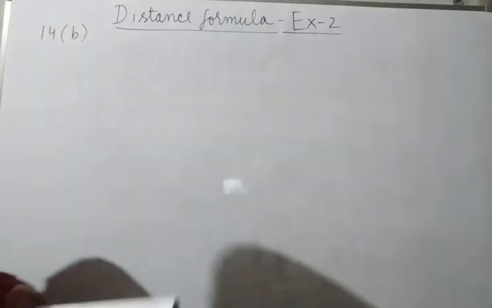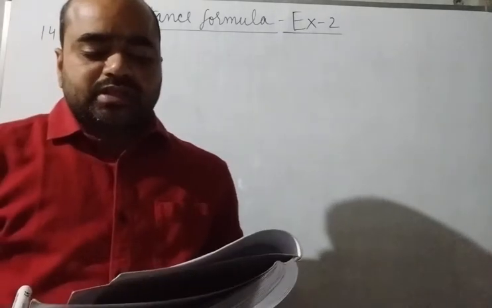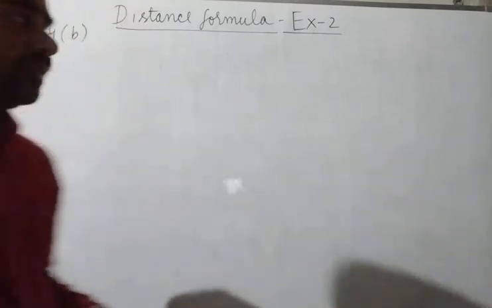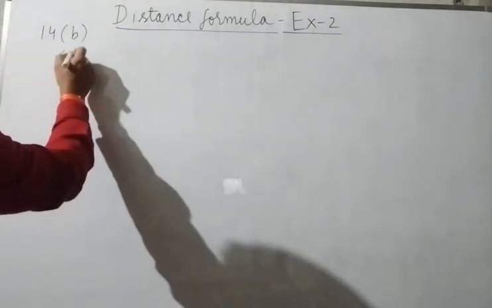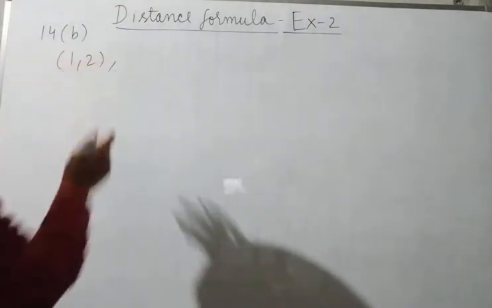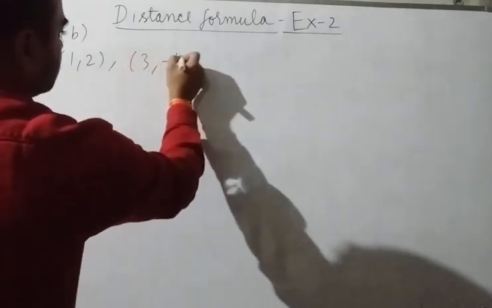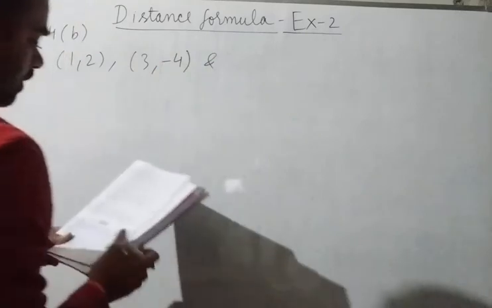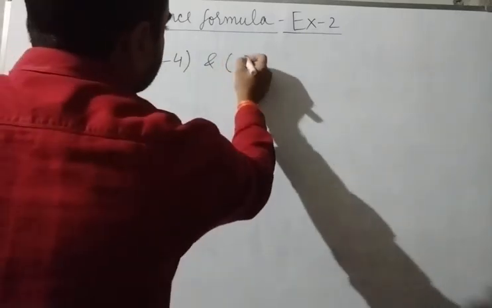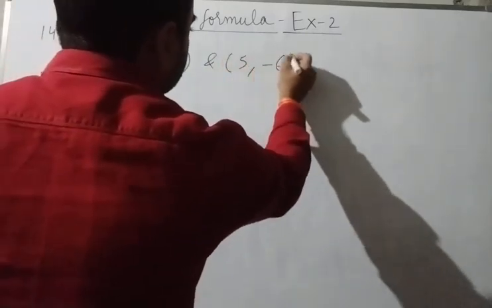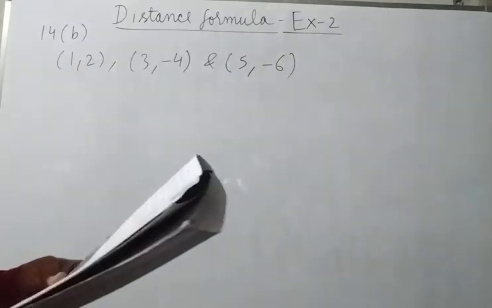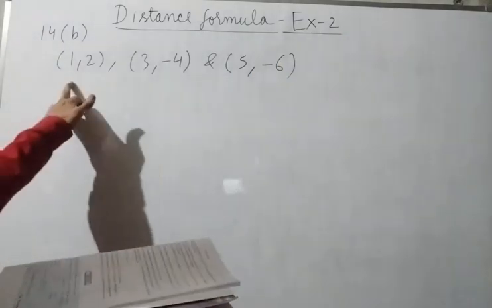So the question is: find a point equidistant from the points 1, 2; 3, -4; and 5, -6. So we have to find a point which is equidistant from all the 3 points.